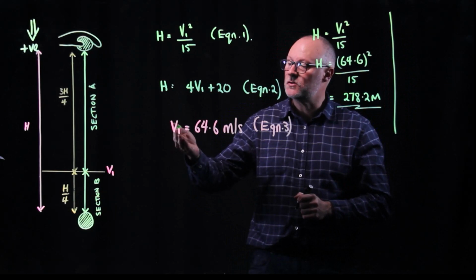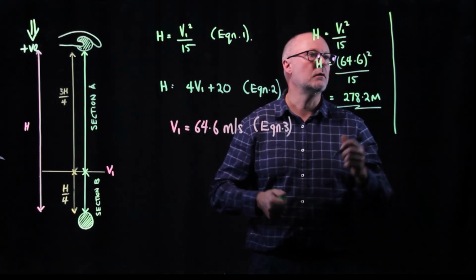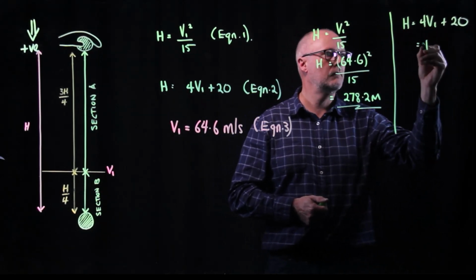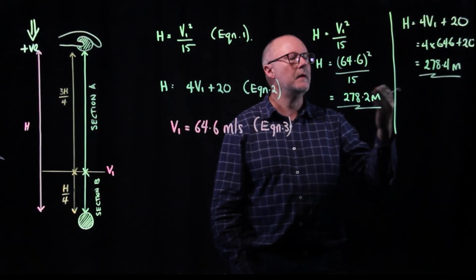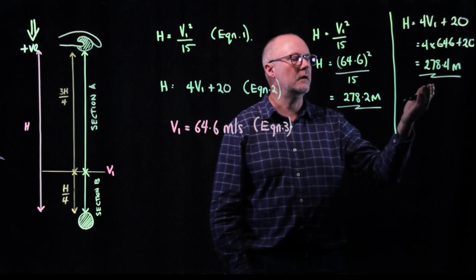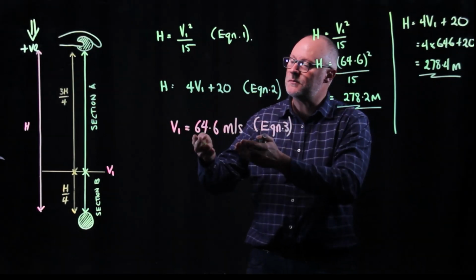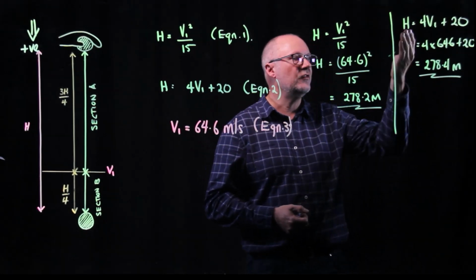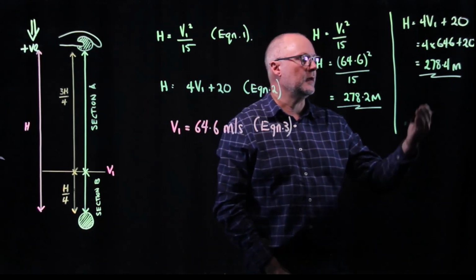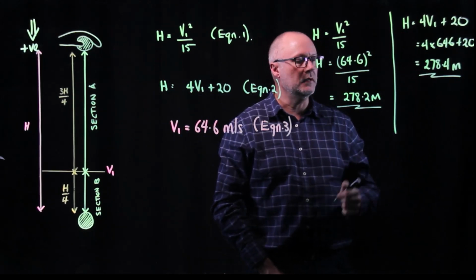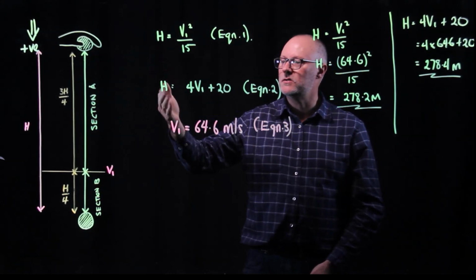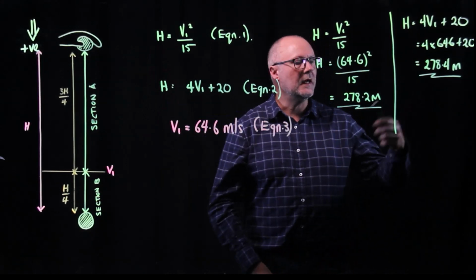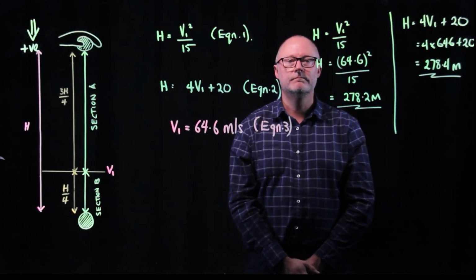So let's now substitute the value of v1 into equation 2. Once again, we get the same answer, give or take a little bit due to rounding. Equation 2, when I substitute in the value for v1, results in h, the total height of this ball dropping, of 278.4 meters. Either we substitute v1 into equation 1 or equation 2, regardless, we get an answer of 278 meters.